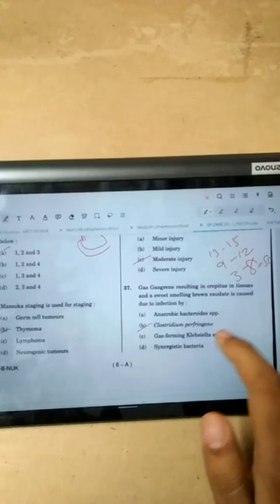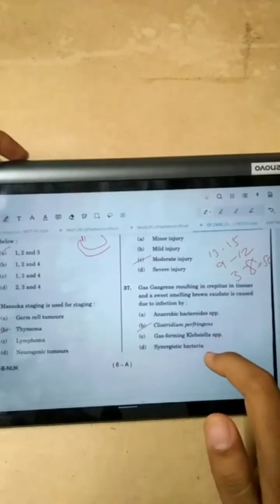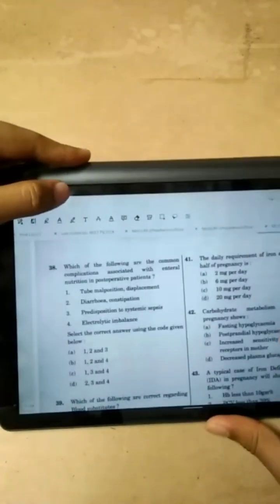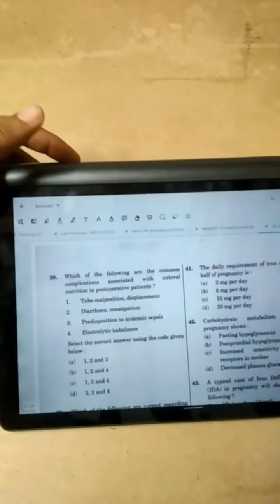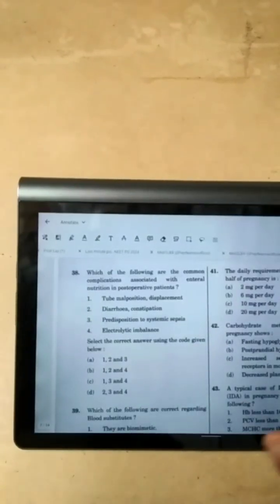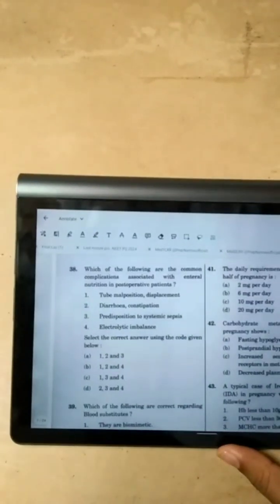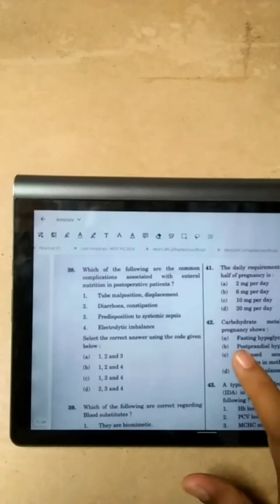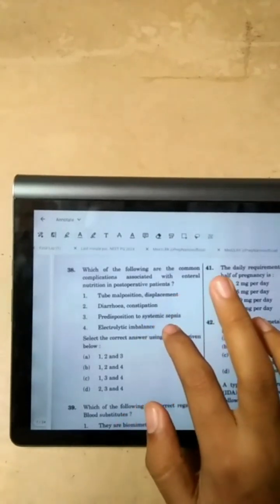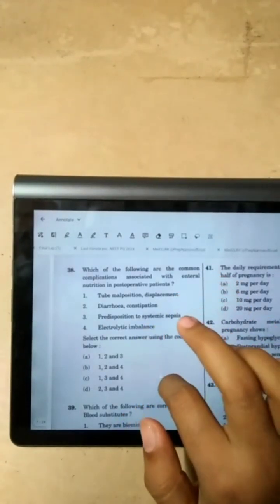One more, gas gangrene is by Clostridium perfringens. Which of the following most common complications associated with enteral nutrition in post-op patients? So there won't be any predisposed systemic sepsis.